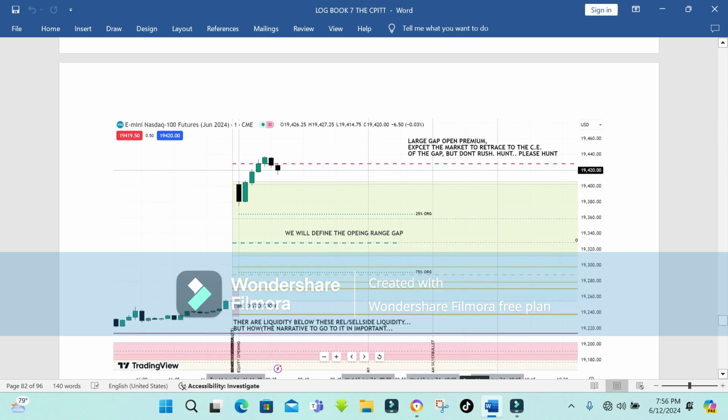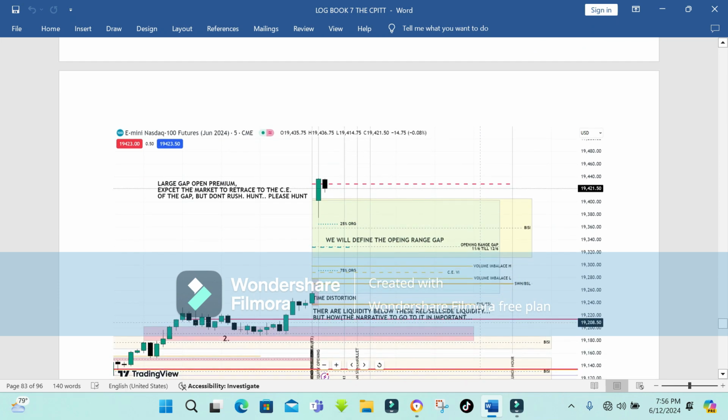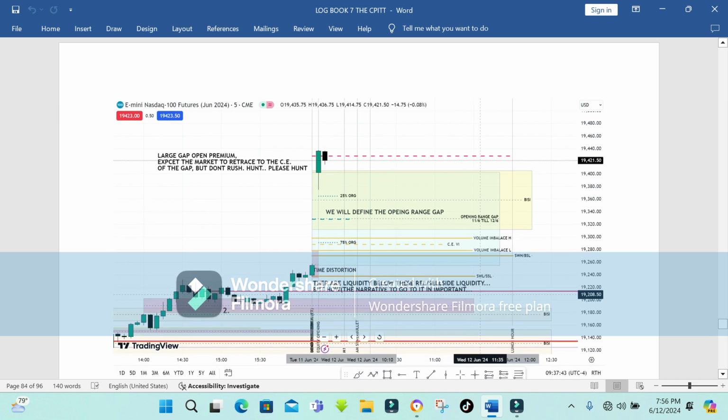We defined the opening range gap on Nasdaq. We saw the gap was huge, and normally when the gap is that huge, we expect price to drop to the last session high, or at least to the middle of this opening gap range, and then go further if it will rally.